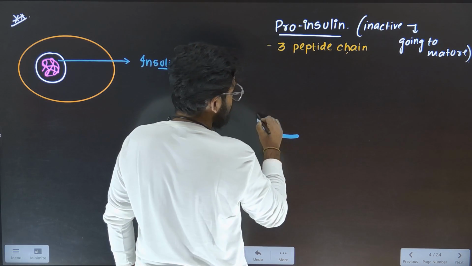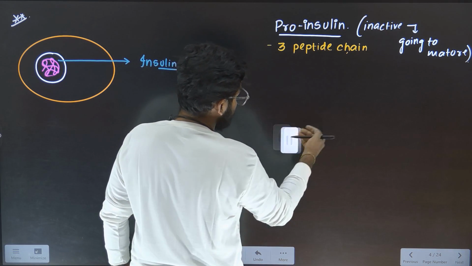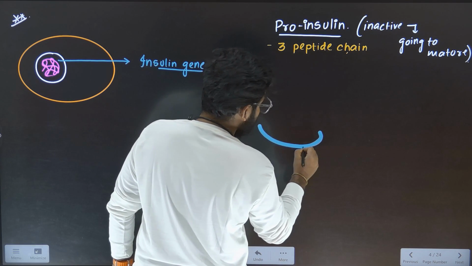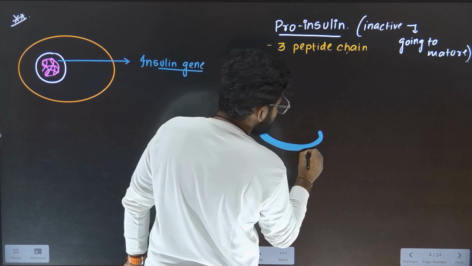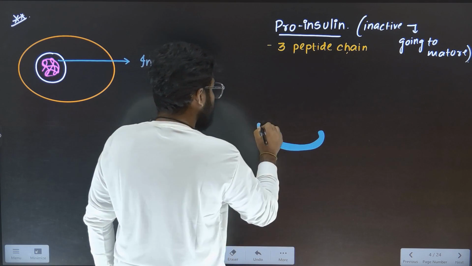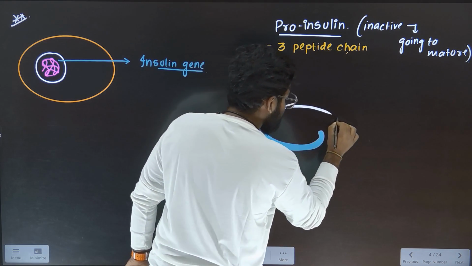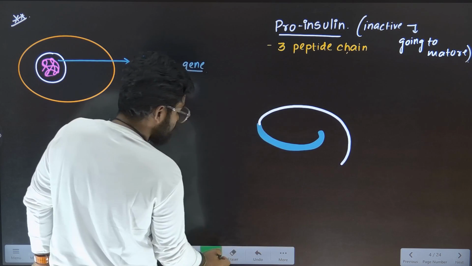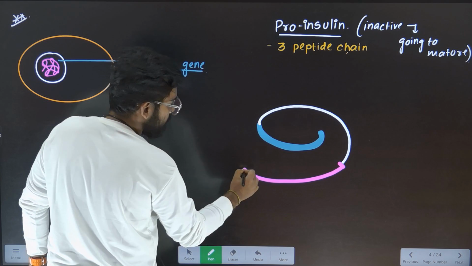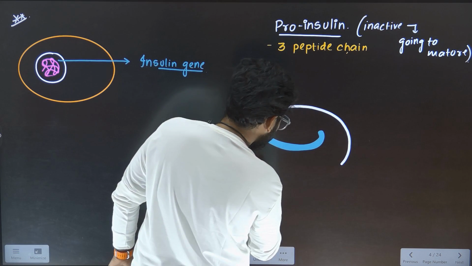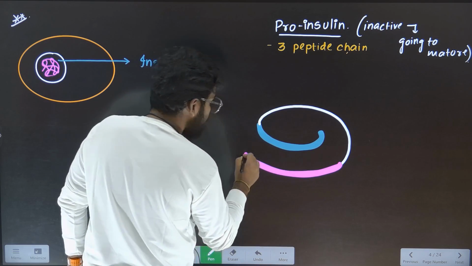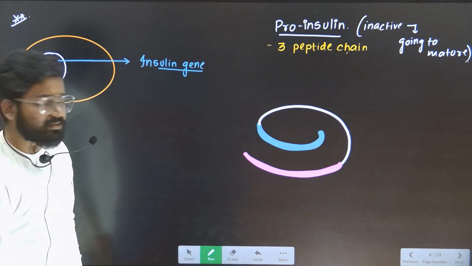Say this is the A chain, the first chain of insulin, from which arises the second chain, and say this is the third chain. So these are the 3 polypeptide chains.